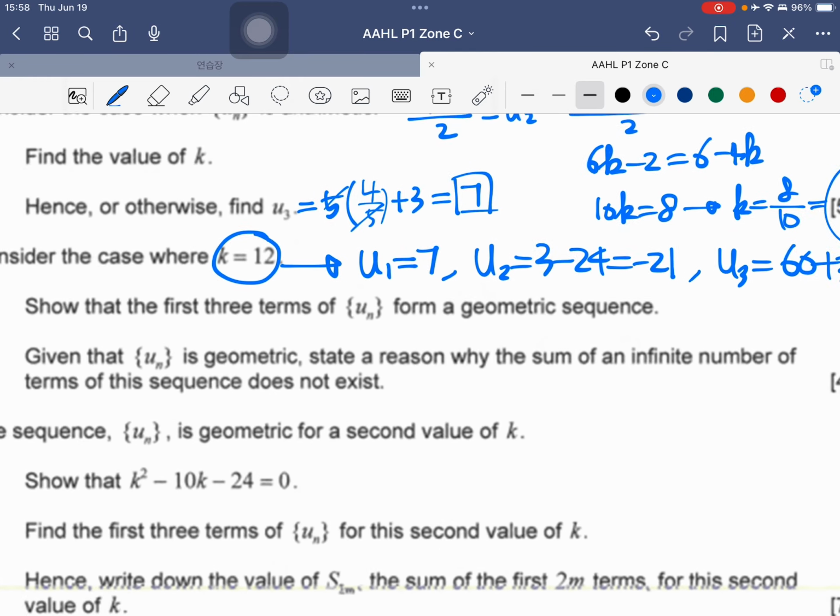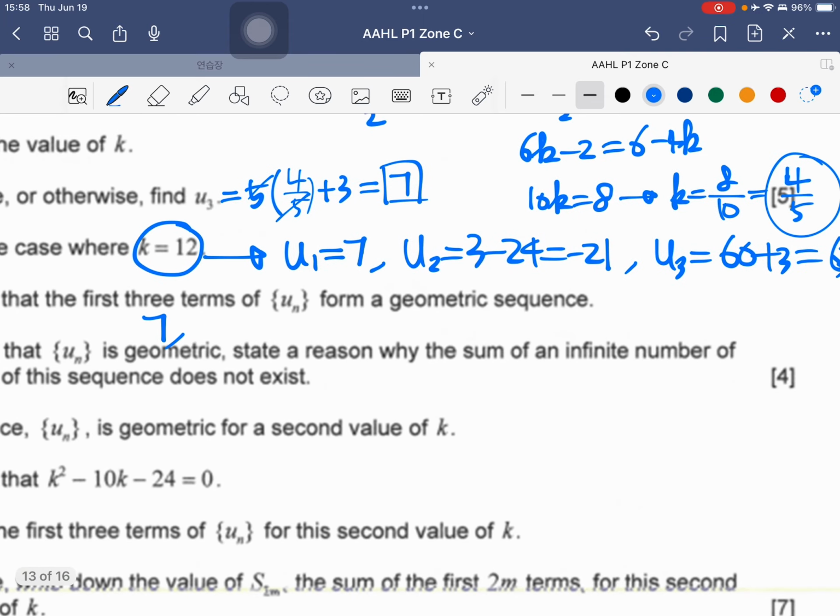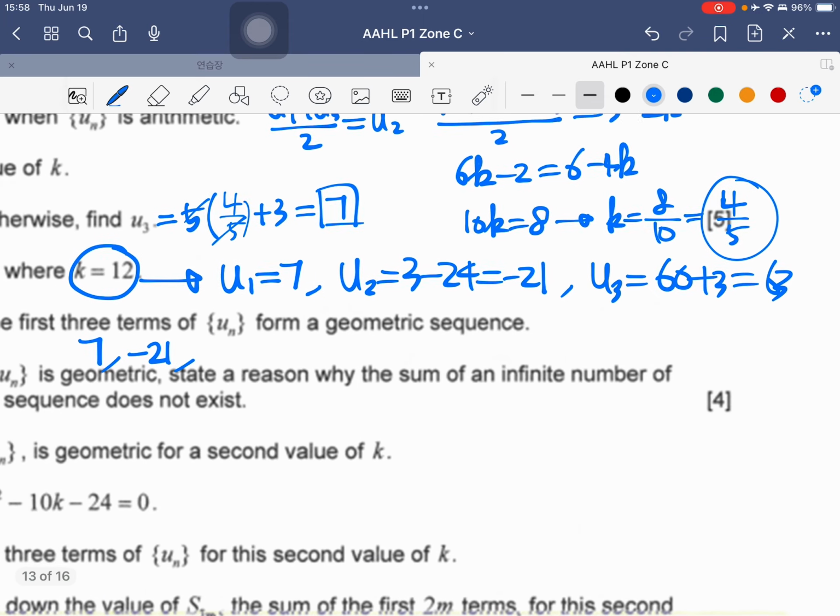So for u1 to u3 we have the sequence: the first term is 7, the second term is minus 21, and the third term is 63.